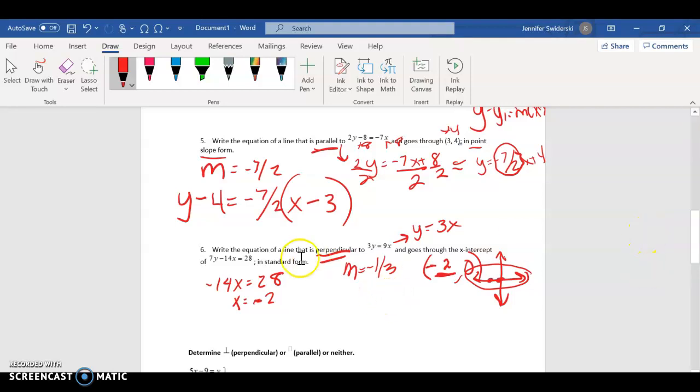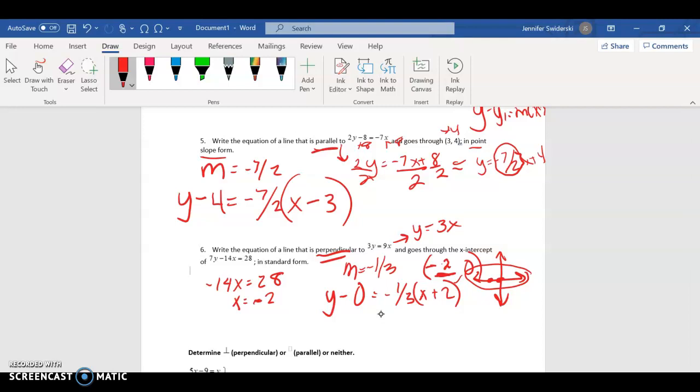All right, so now they want this in standard form. But to do that, I'm going to plug this in first into point slope just to help me out. So I know y minus y1, here's x, here's y, 0, equals my slope, which is negative 1/3 x, minus x1, which would be plus 2. Well, now I can go ahead and move this around to get it in standard form. Distribute that 1/3.